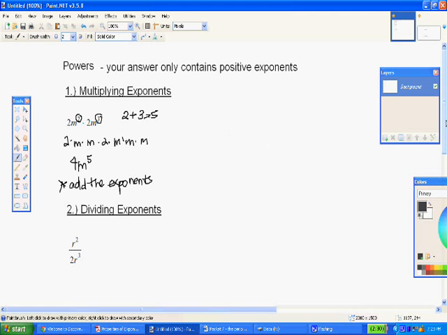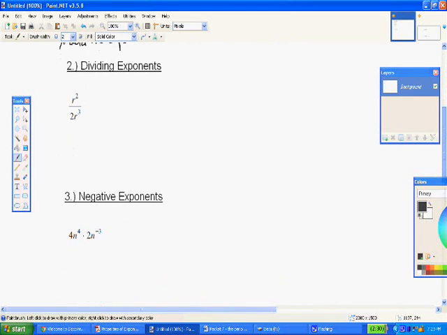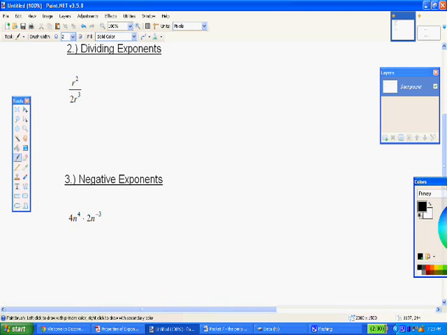Alright, now I'm going to move on to what happens when you divide exponents. Go ahead and copy this problem down in your notes. We have r squared divided by 2r cubed. Now if I were to write this problem out, it would be r times r over 2 times r times r times r.